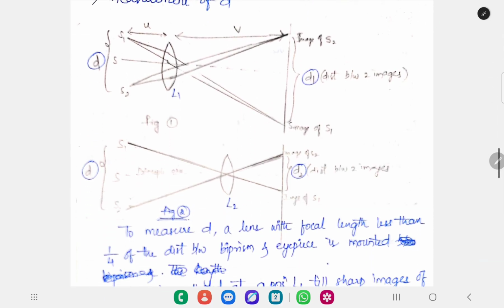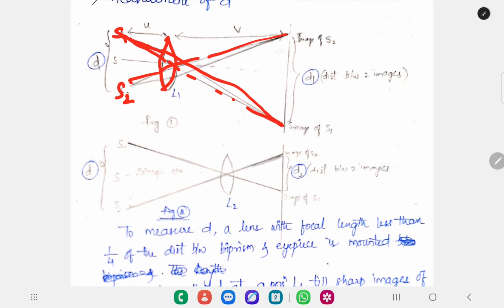Now there is a question of how to find out this small d. You are already aware of this method. So let's see here, this is S1 and this is S2. Let us suppose we are keeping the lens here. This is a virtual source. So you can see the S1 image here, and similarly you can see the S2 image here.